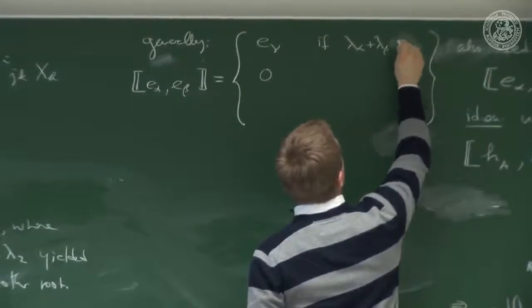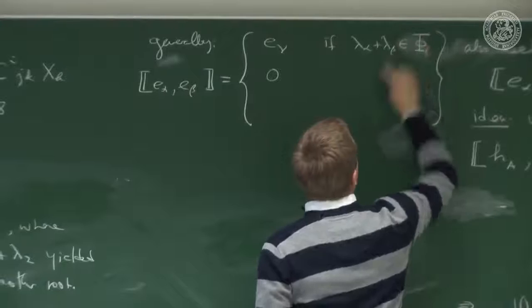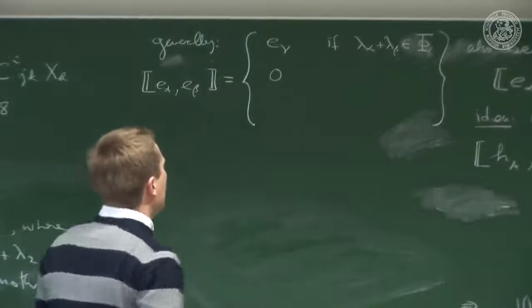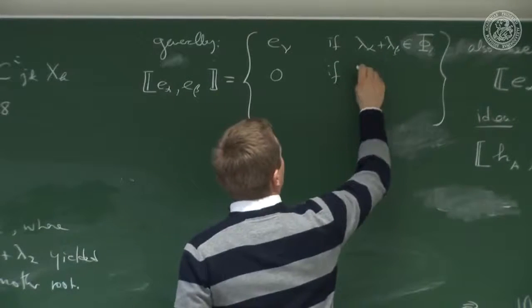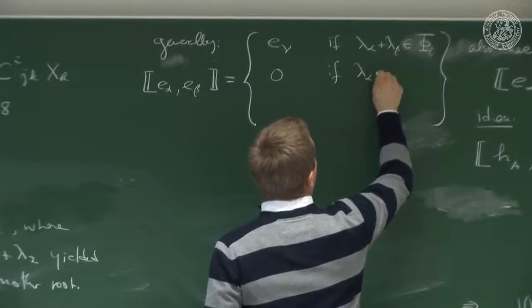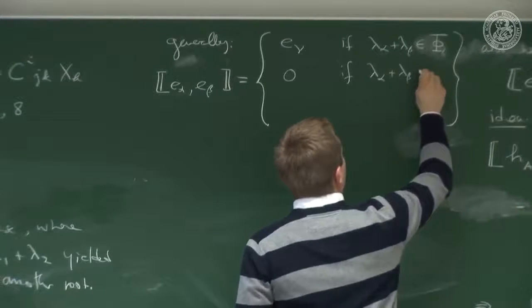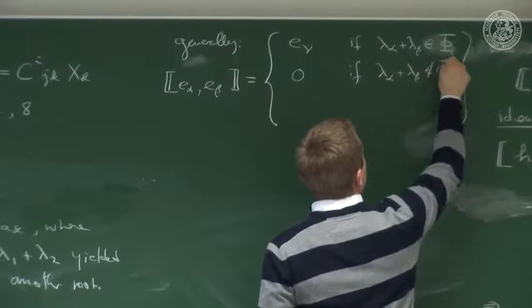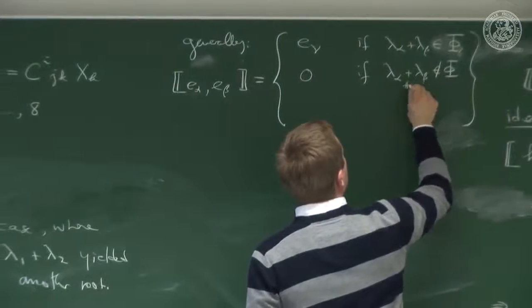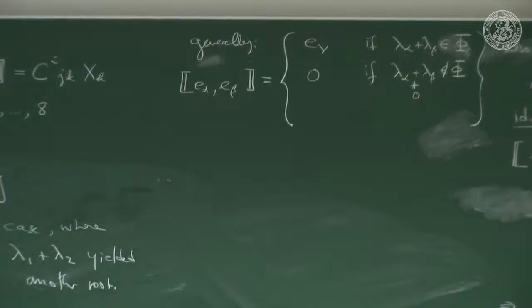I should say, if this sum is in the root space, that's the right formulation. And it's 0 if the sum lambda alpha plus lambda beta is not in the root space and is non-zero. Then we put a 0 there.